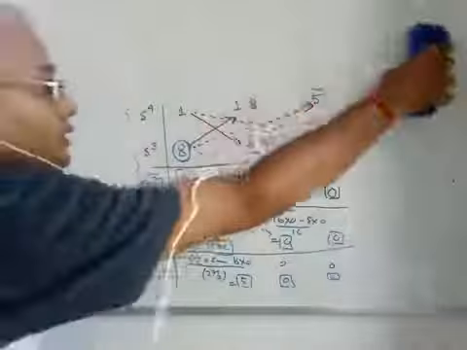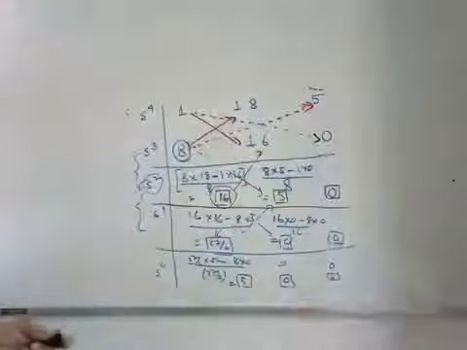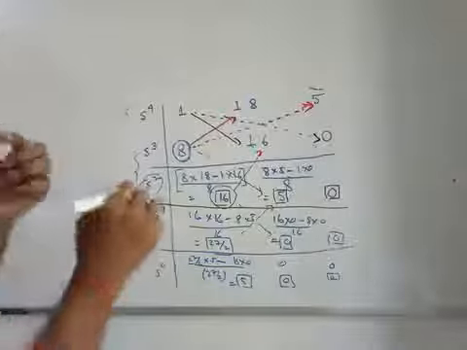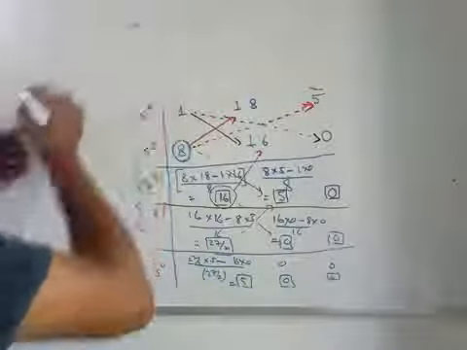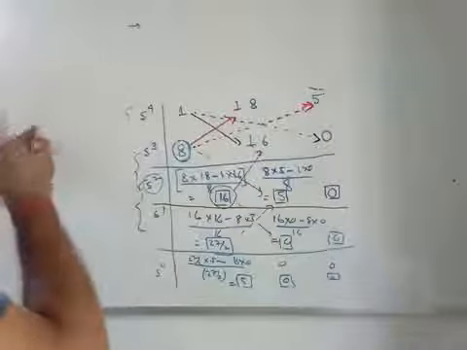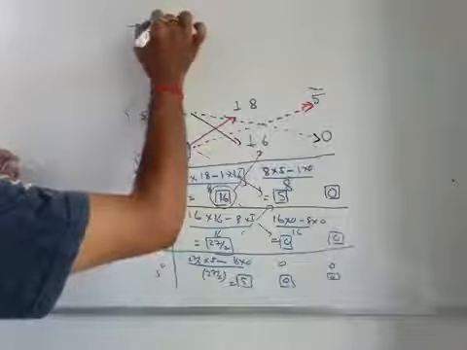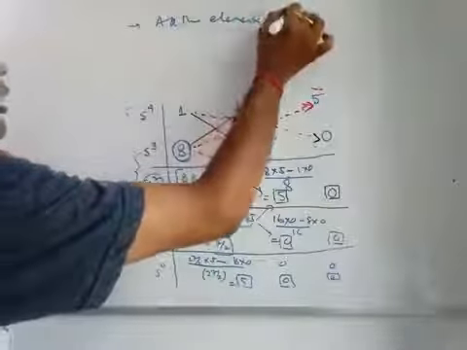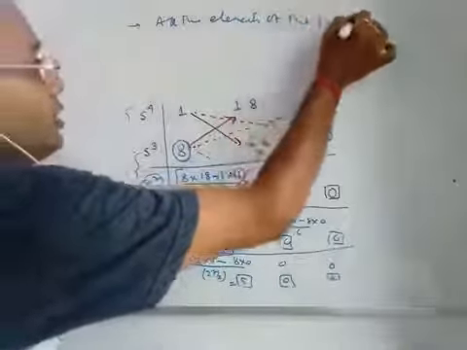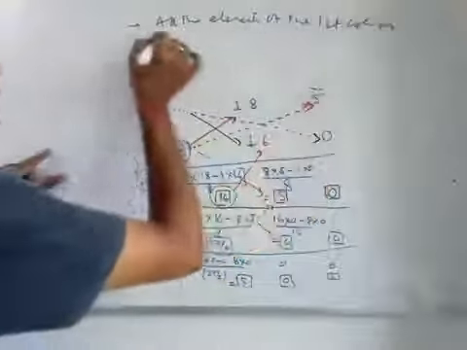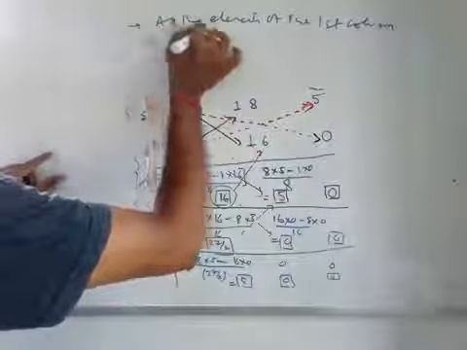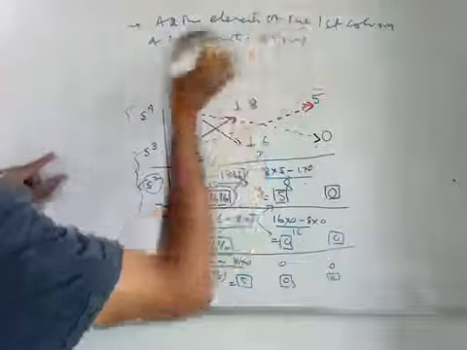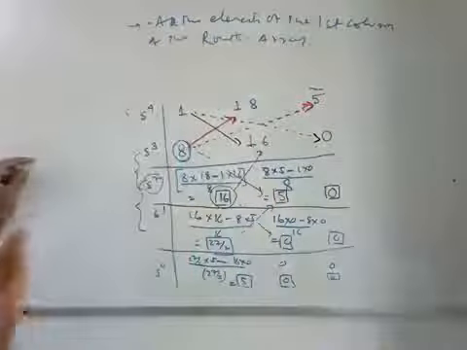So you have to check whether all the elements of the first column of the Routh array, first you have to check.